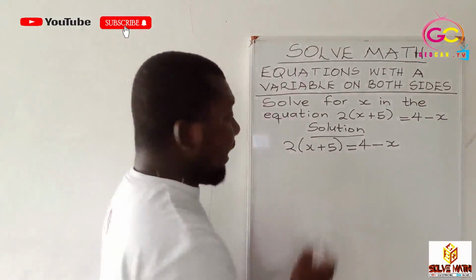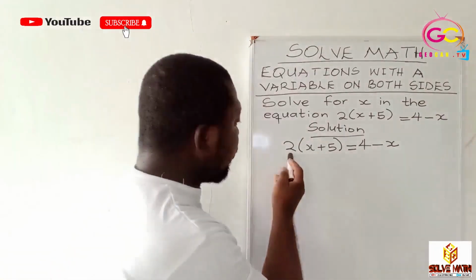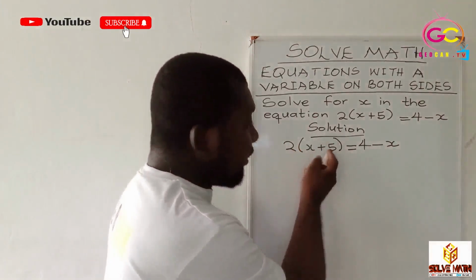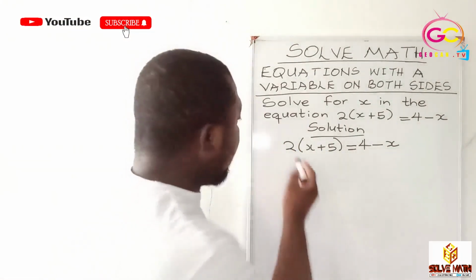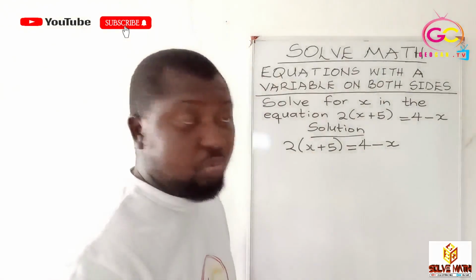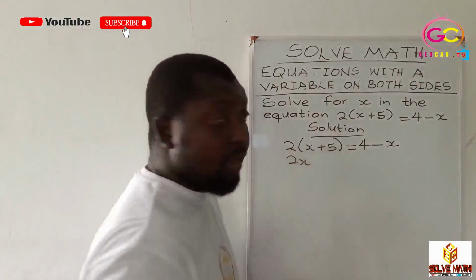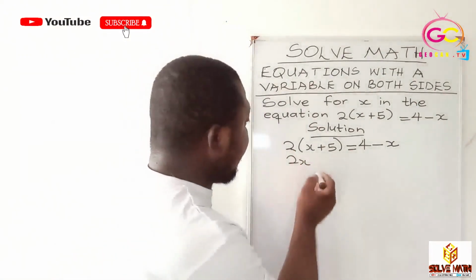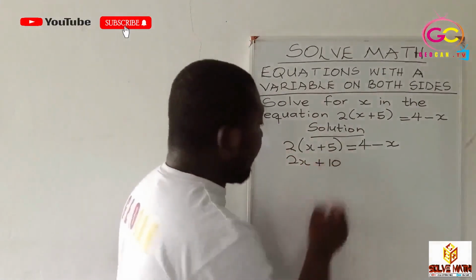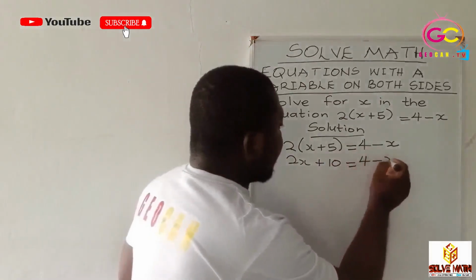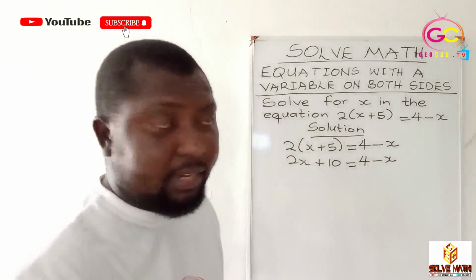We need to expand this. What it means is that this 2 has to multiply this x, this same 2 has to multiply this positive 5. So 2 times x will give us 2x. Now 2 times 5 is 10 and it's a positive. So 2x plus 10 is equal to our 4 minus x. So we've expanded this.